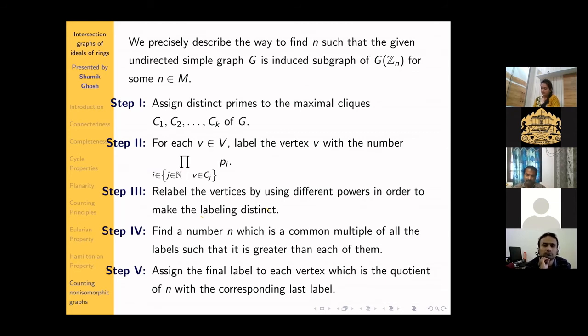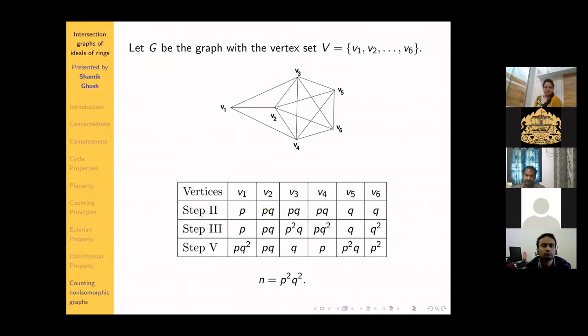Then you relabel the vertices to make them distinct by using different powers of the primes. Finally, you get the number n, which is the least common multiple of all of them. Then you divide n by each of these labels, and you get the final labels. It is better understood by a figure or an example.